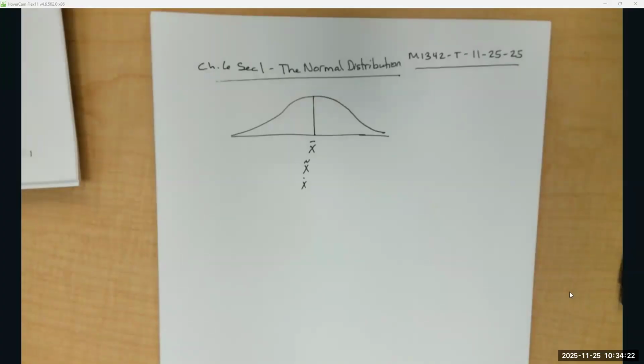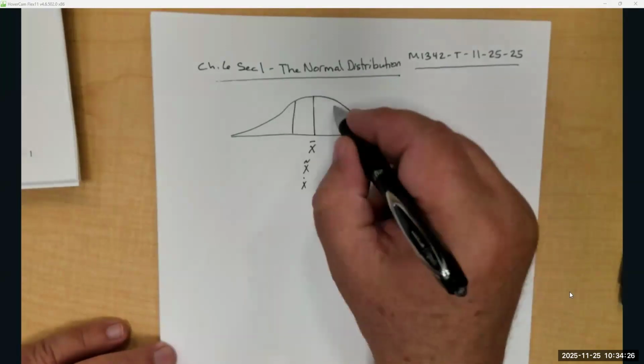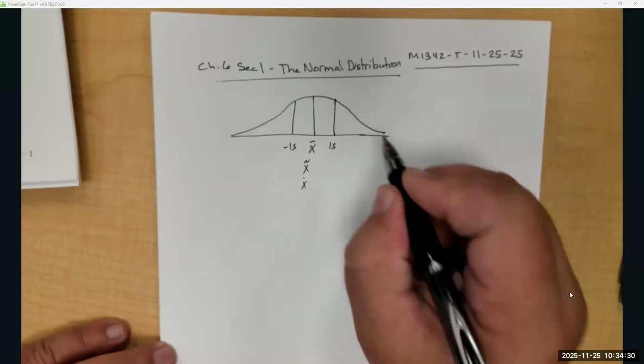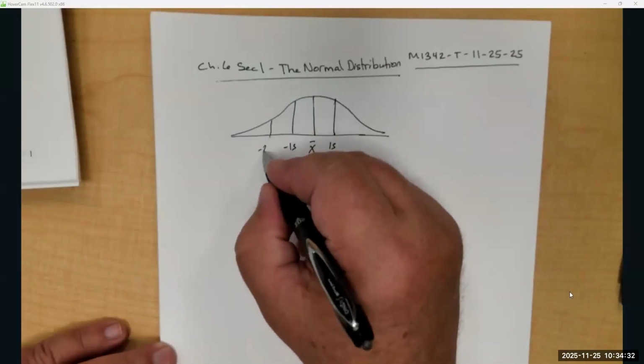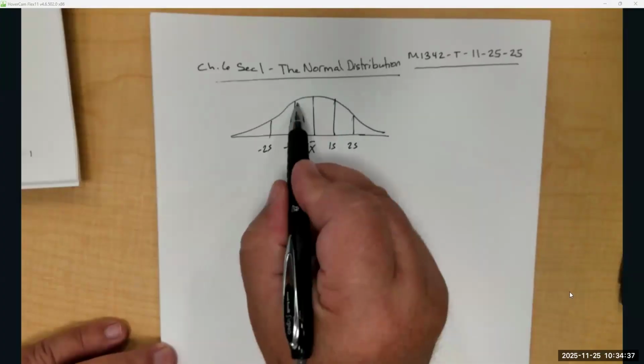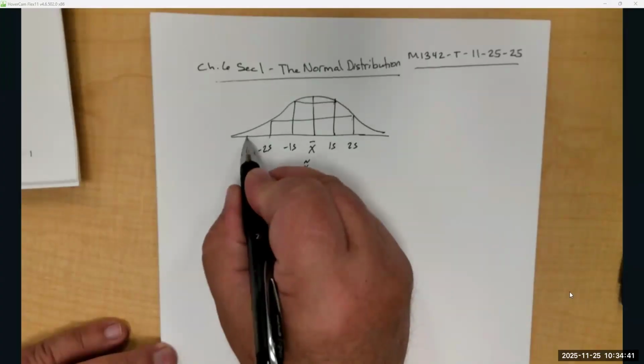Everything is centered around the middle of the data. And on both sides, we have standard deviations. So there's one standard deviation, there's two standard deviations.